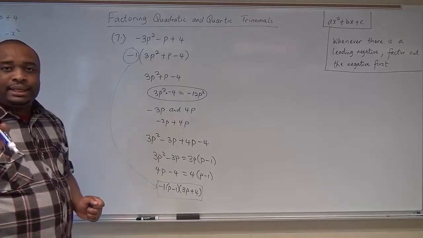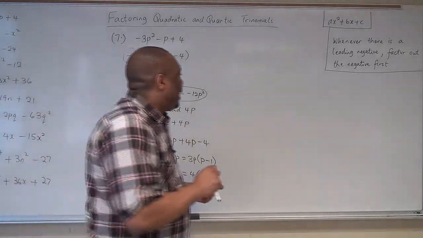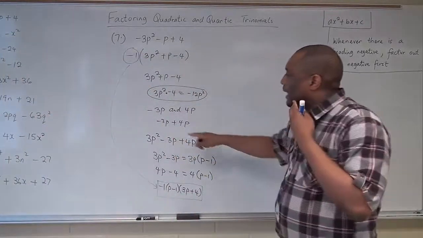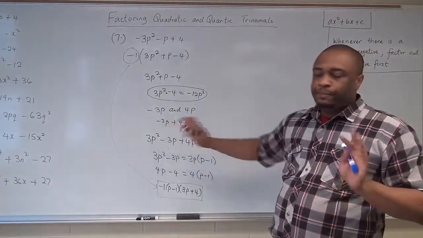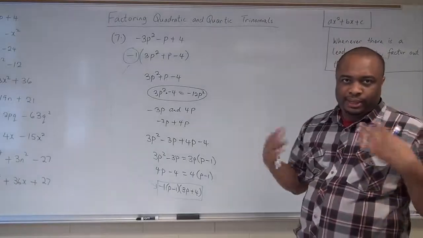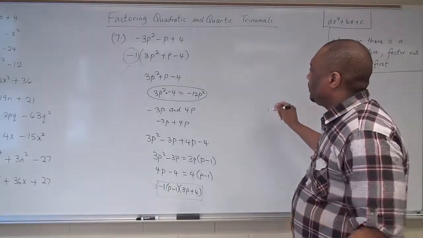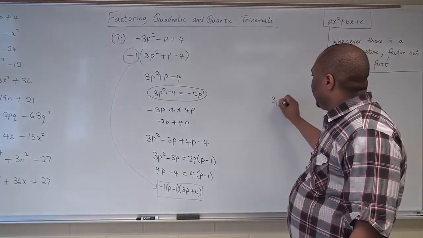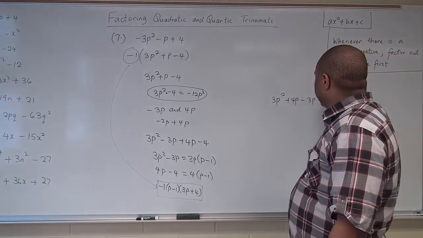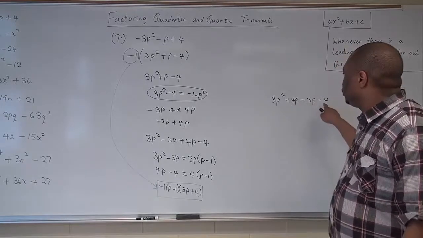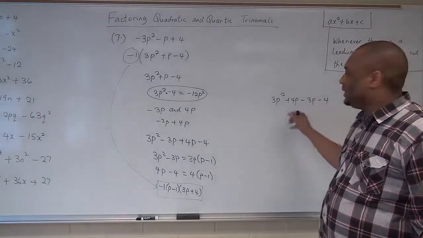Now, there's something I want to say. Some students might want to write it as 4p minus 3p. And you can still do it, but I want to show you something. If you have 3p squared plus 4p minus 3p minus 4, you will run into leading negatives here.